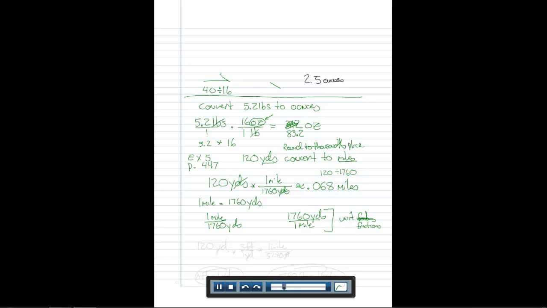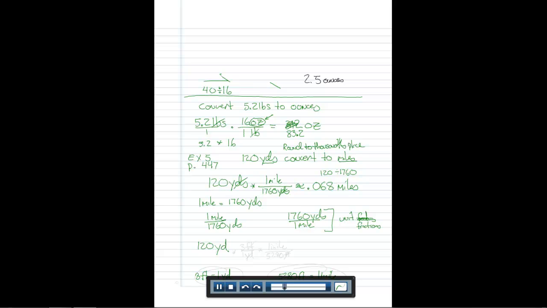Okay. And in the book, they weren't as lucky as we were on that one. They only knew that there's 3 feet in 1 yard, and there's 5,280 feet in 1 mile. It's just because they didn't have this nice little conversion that we do. You see that? This is not in the book.